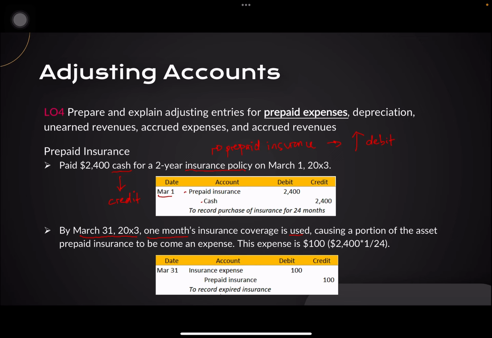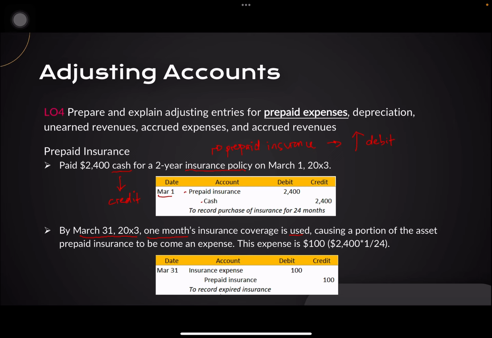In this case, we would like to prepare the adjusted trial balance in order to produce the financial statements. What we need to do when preparing the financial statements is to show the users of the financial statements that whatever amounts are reported are final and all updated.